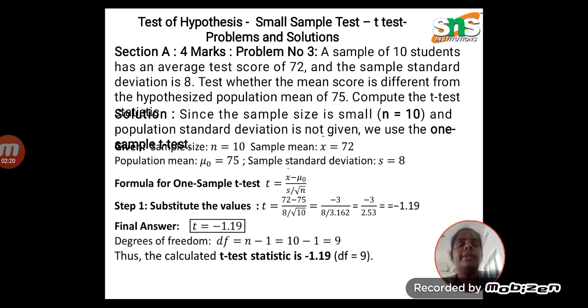Also we can find the degrees of freedom. In some of the problems they have asked for the degrees of freedom also. So the degrees of freedom for this problem: the n value is 10, so n minus 1 will give you the degrees of freedom. 10 minus 1 is 9. So 9 is the degrees of freedom for this problem.